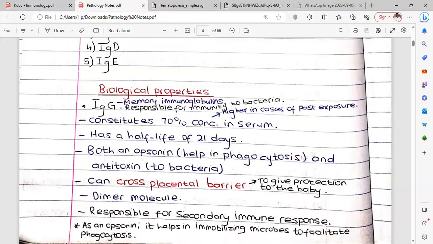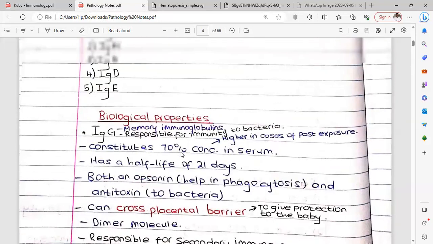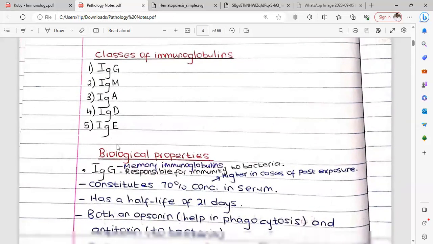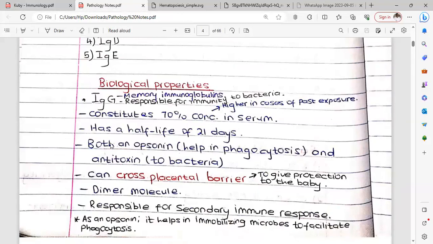So we start with IgG. There are 5 classes: IgG, IgM, A, D, and E. For IgG, the most prominent feature is that it can cross the placental barrier. It constitutes the highest percentage in the serum, which is 70%.